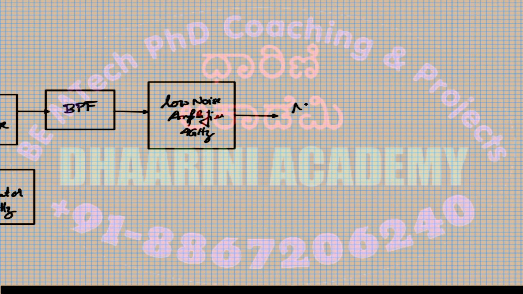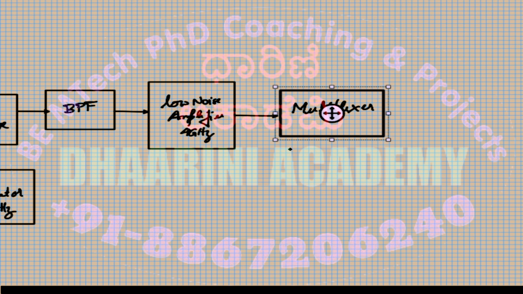You use a multiplexer. This actually has multiple inputs. Multiple signals will come, and it will multiplex them into a single signal. Then it actually uses another amplifier at the output. This is the final amplifier, just before the transmission.